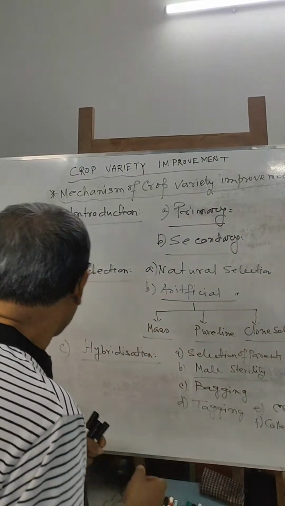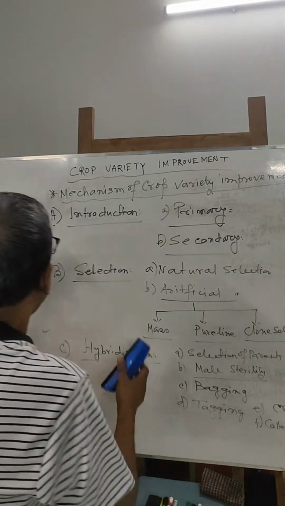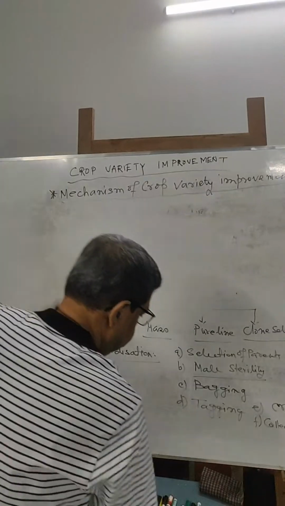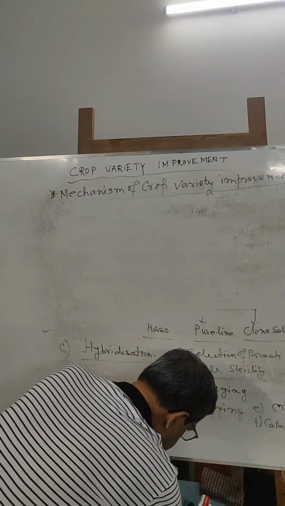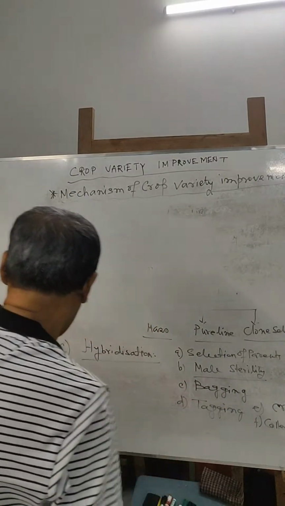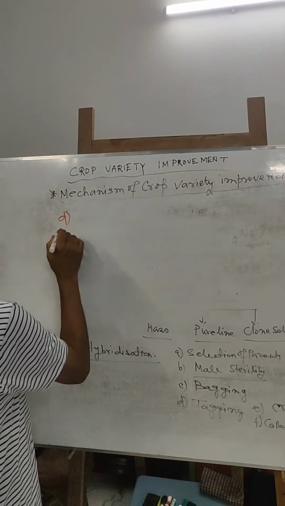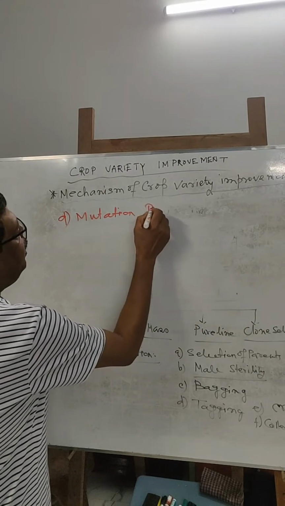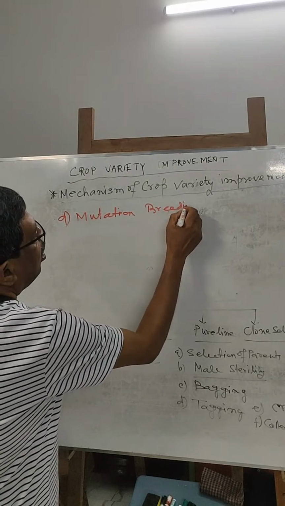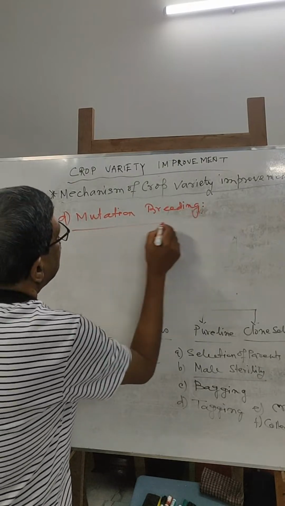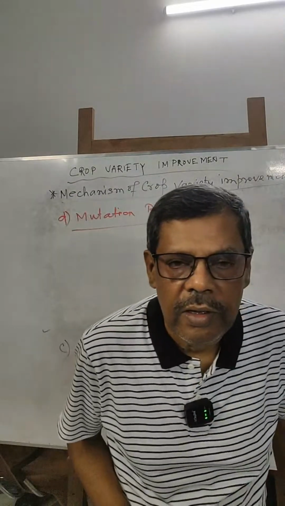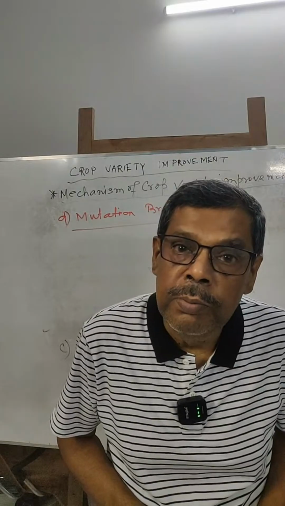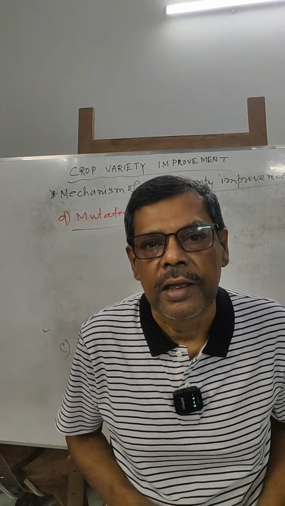After hybridization, the fourth procedure, D, is mutation breeding. In this case, several mutant plants are found in a variety.